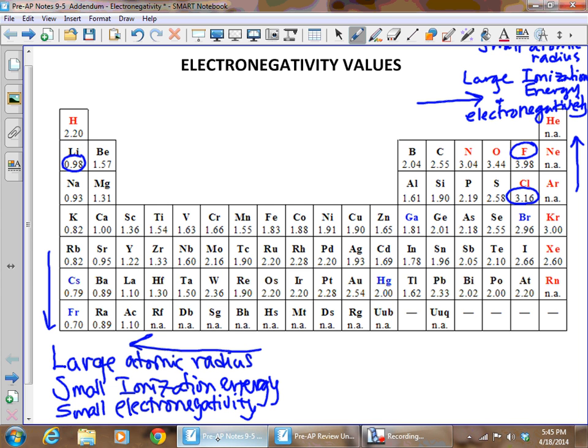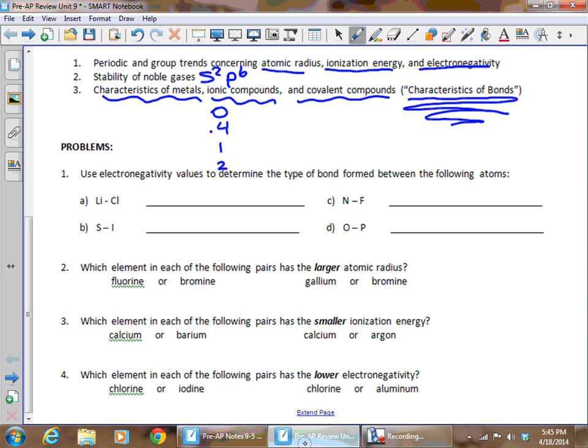So those are the values you're going to need to find for this. Subtracting that, we get 2.18 when you subtract those, and that tells you, since it's 2 or greater, that this isn't even going to be a covalent bond at all. It's going to be ionic.